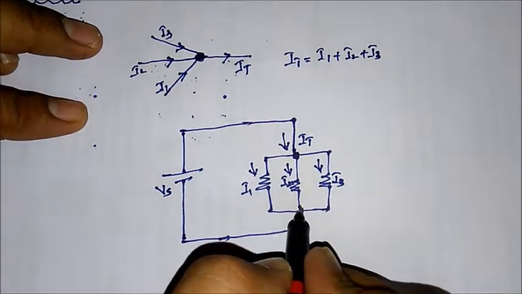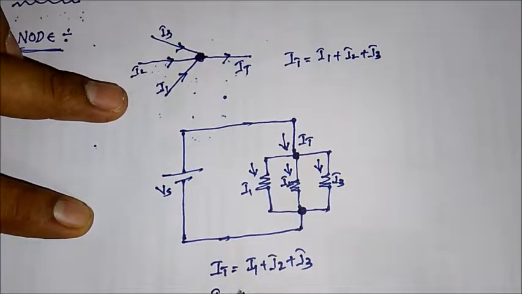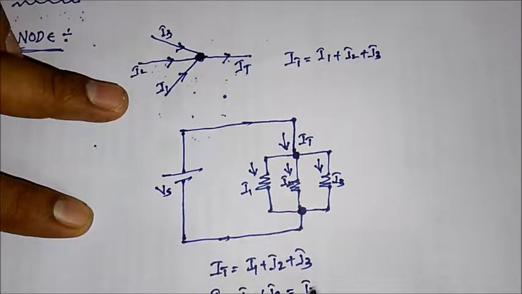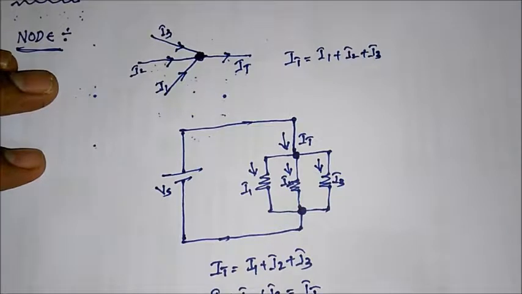Now when it comes to node 2, the total current I1 plus I2 plus I3 is equal to IT. This is how we define Kirchhoff's current law.